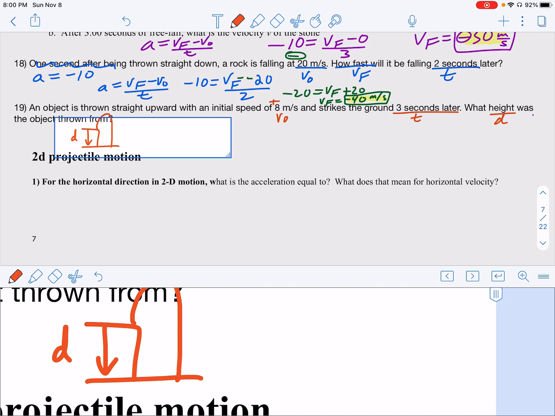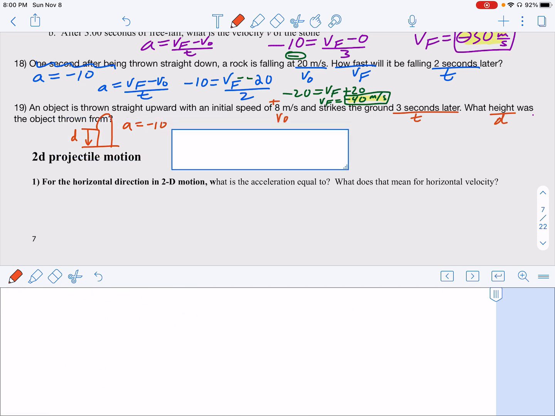Okay, so what do we know? We know the time. We know the acceleration. We don't know VF, so I can't use that one. I know A is negative 10.